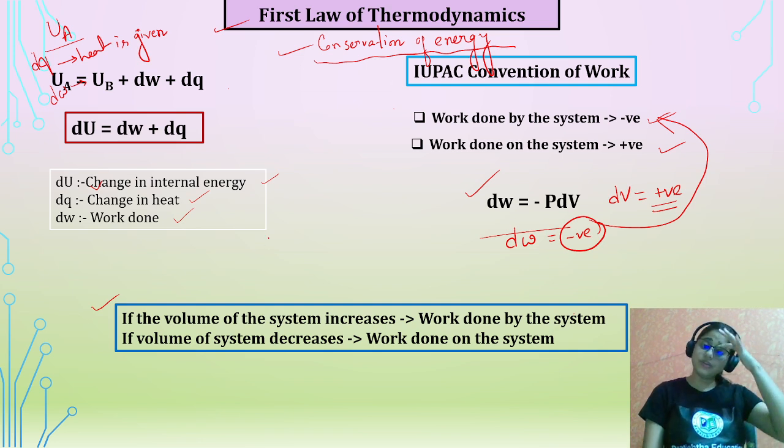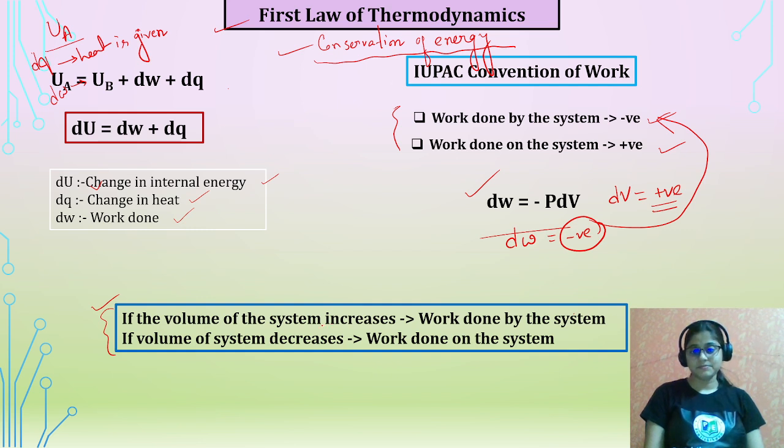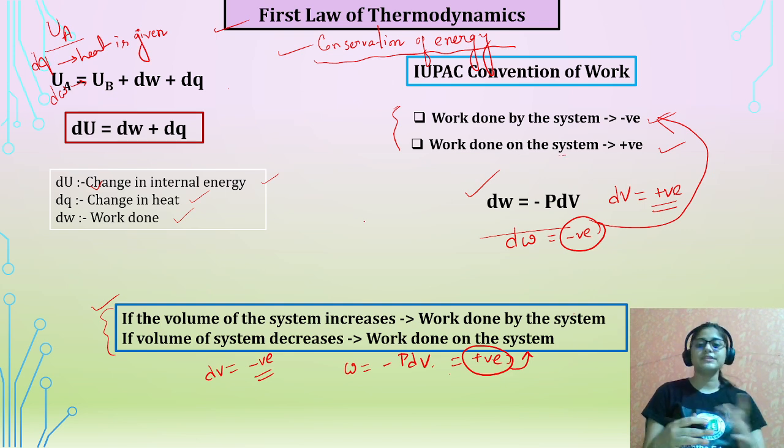So these two are matching. If the volume of the system decreases, dV is negative. So work, which is minus pdV, will be positive, which means work done on the system. Positive work means work done on the system. So both ways it matches.